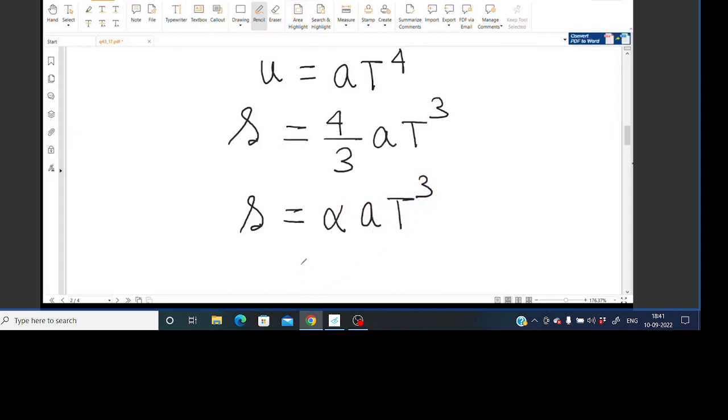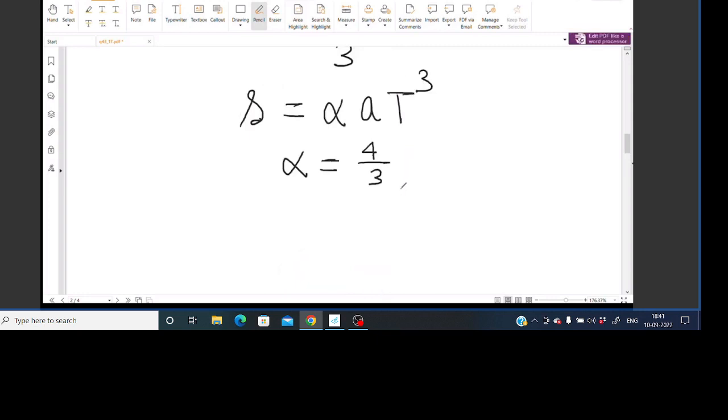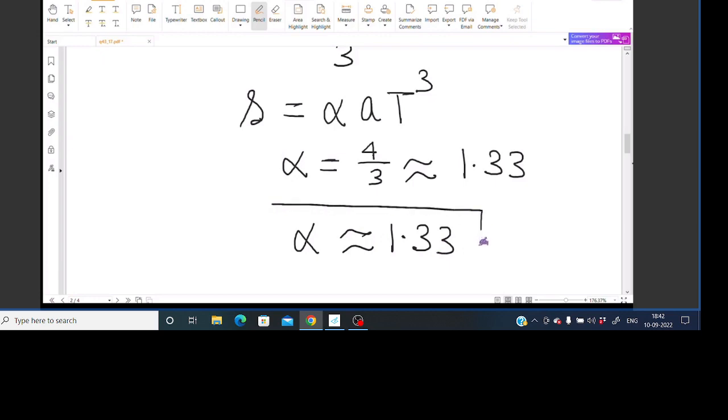Thus, we get alpha equal to 4 by 3. In this question, we need to write the correct value of alpha up to 2 decimal places. So, alpha equal to 1.33. The correct value of alpha is 1.33.